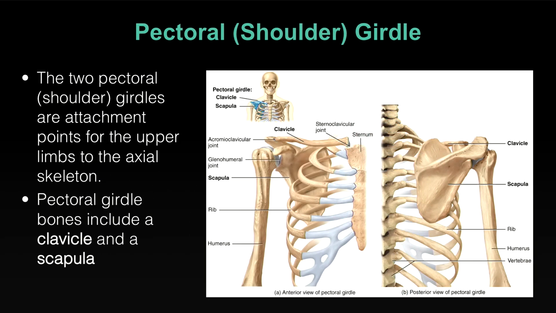Now the upper limbs don't connect in a necessarily simple way to the axial skeleton. Each upper limb connects to the axial skeleton through a pectoral or a shoulder girdle. And a girdle just means encompassing or going around something, surrounding something. Like your belt is a girdle.